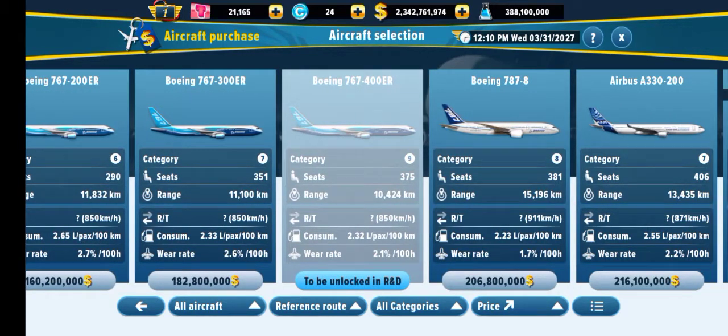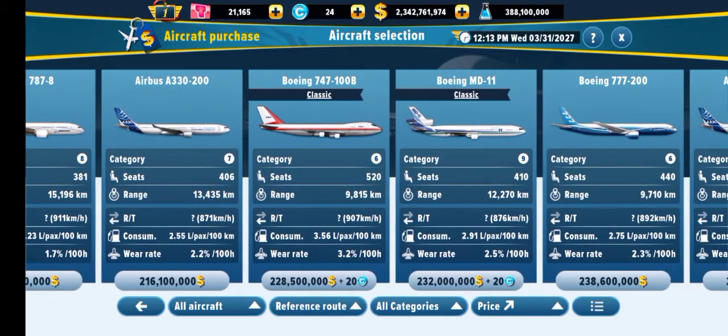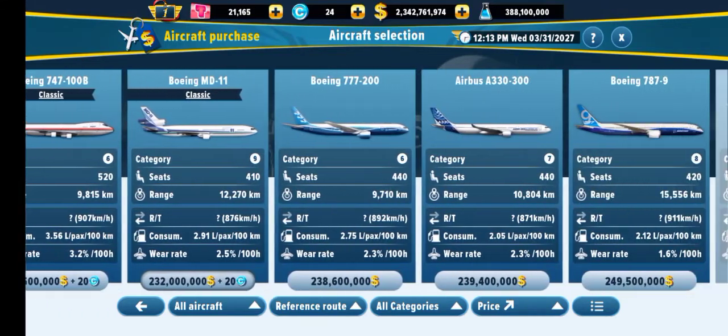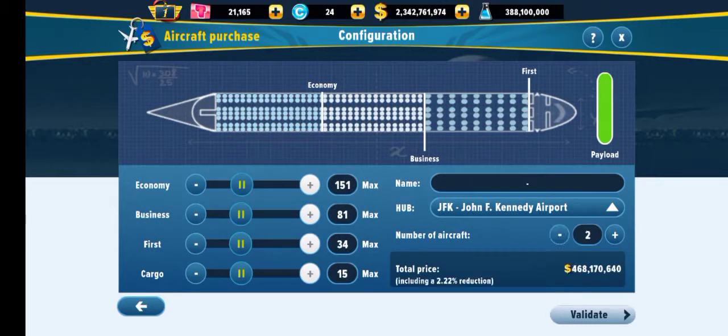With that particular landing gear, it just looks very satisfying to see that aircraft land. So I am gonna be buying the A330-300 variant, not the 200 as you can see over here. This A330 actually has a lot more range than the 777-200. So let's just buy a couple of these.